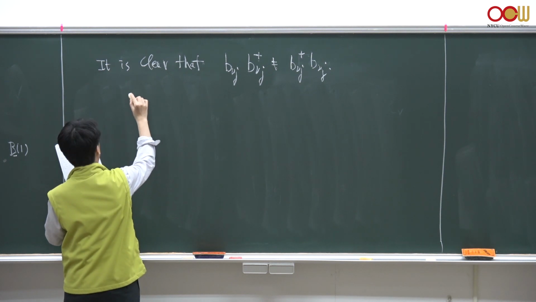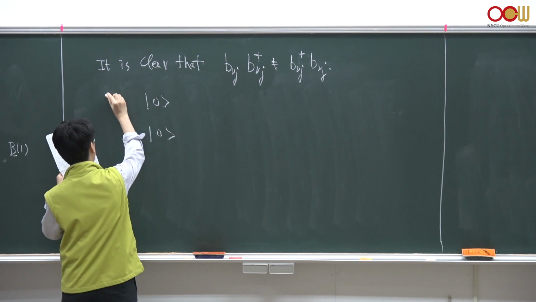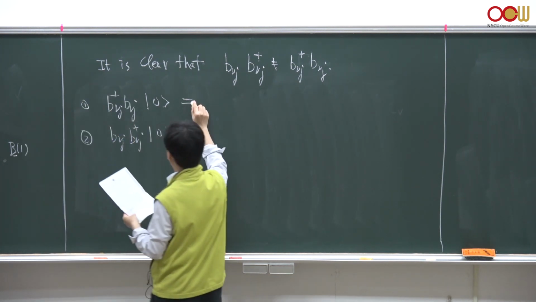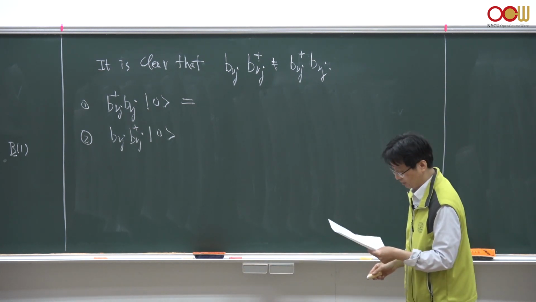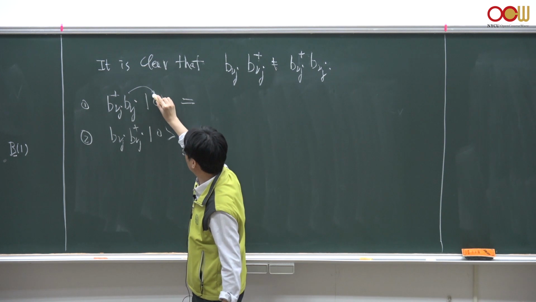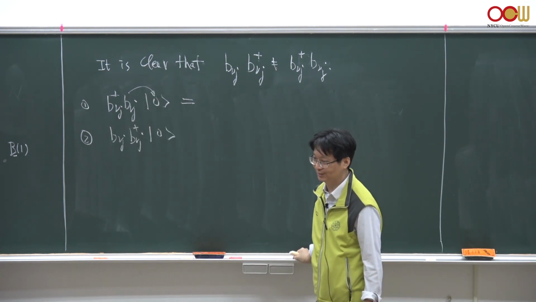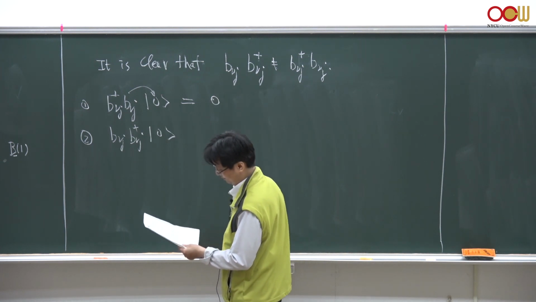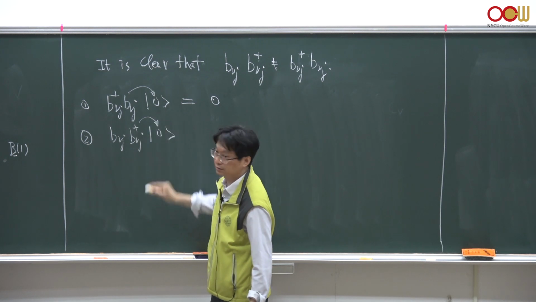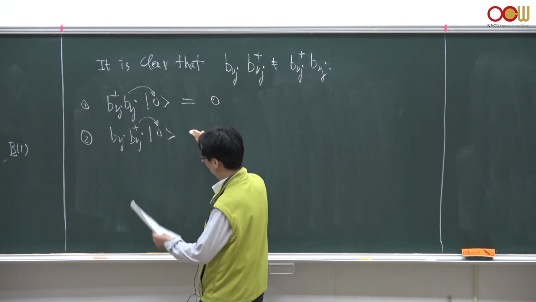So let's just do this operation on the vacuum state. So suppose I do this, and I do this, and I will show that they are not the same. So the first operation is simple, because if I destroy the boson on the empty state, I got what? 0, right? But if I first create a boson out of the vacuum, I got something, right? Not 0, okay?